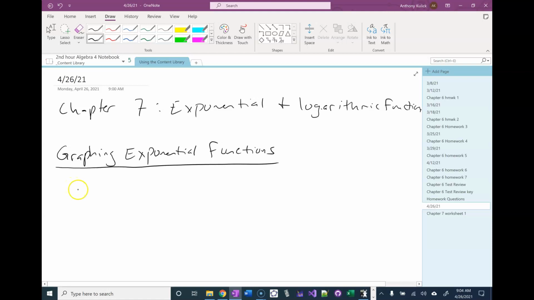So let's start by just defining what we mean by an exponential function.